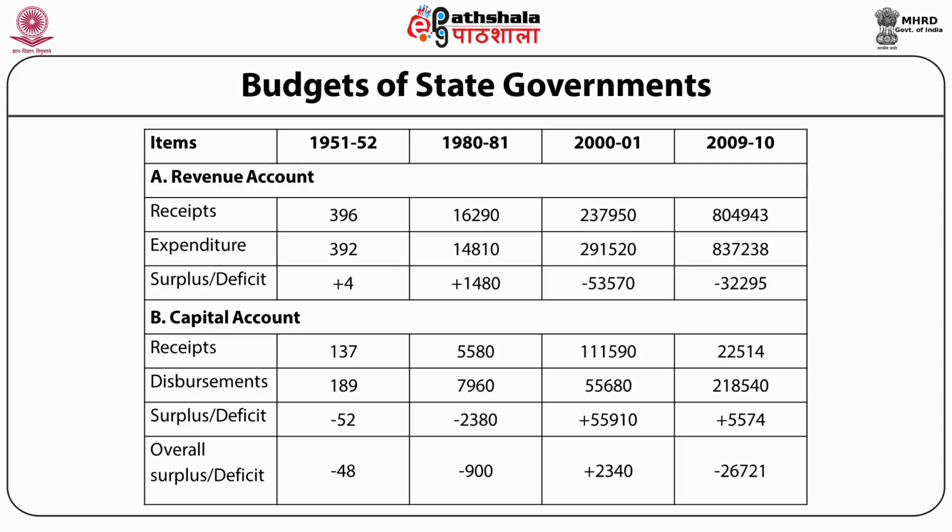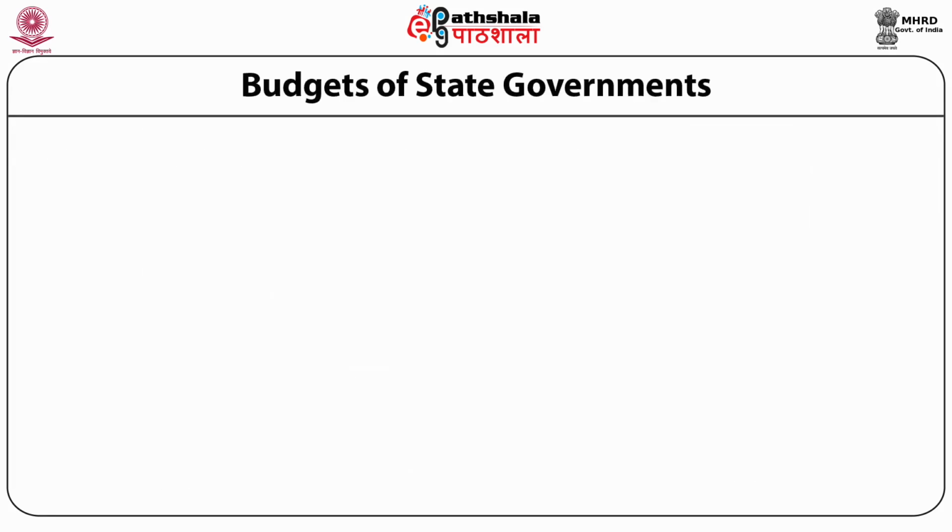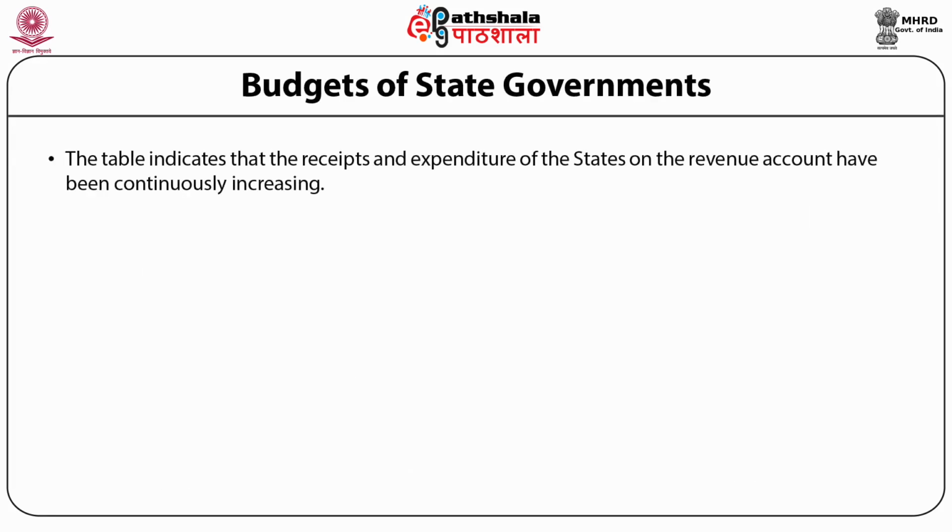So, on capital account, we have seen that there has been a surplus, and when we look at the overall surplus or deficit, the overall deficit was just 48 crores in 1951-52, which rose to 26,721 crores. This table indicates that the receipts and expenditure of states on revenue account have been continuously increasing.